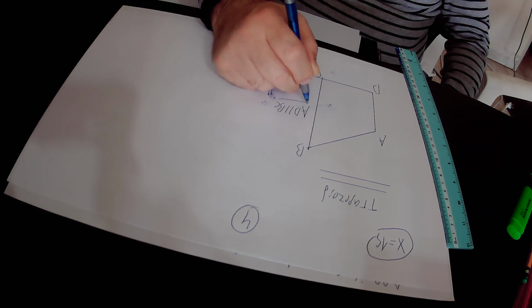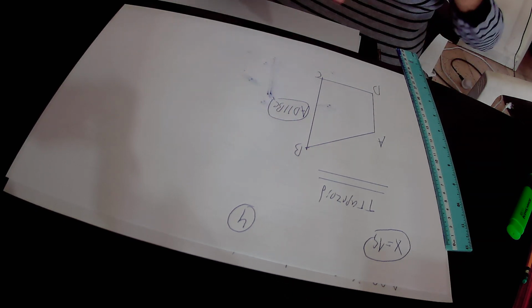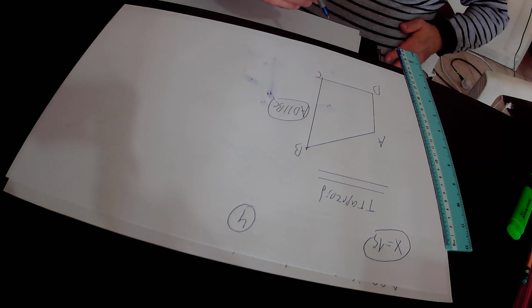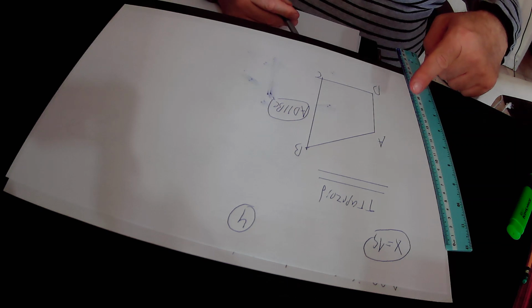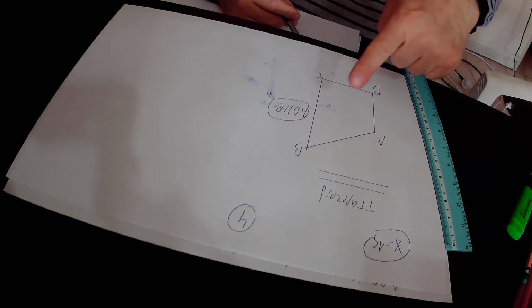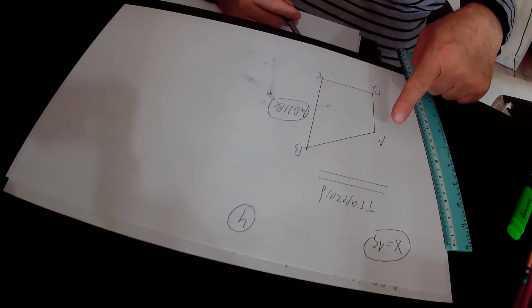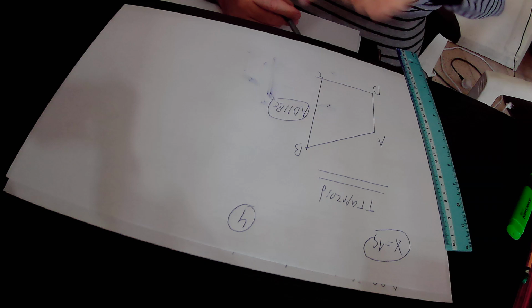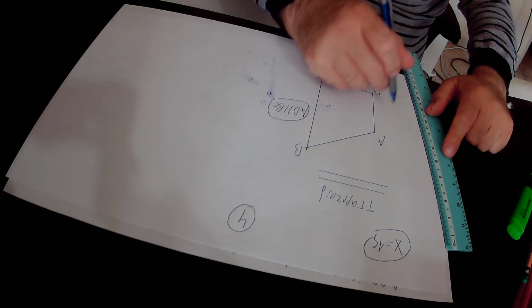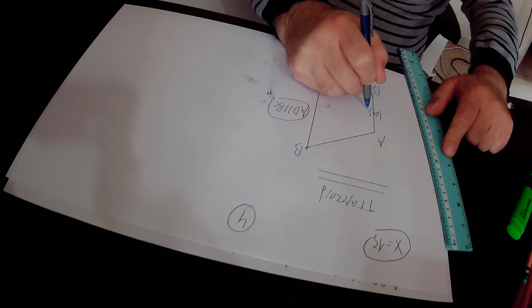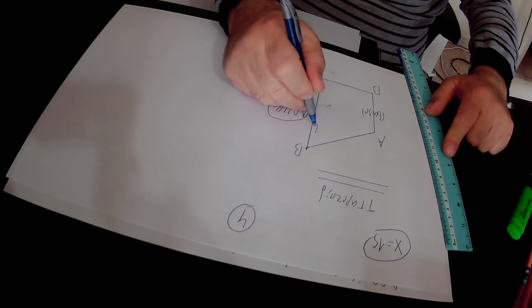Therefore, this quadrilateral ABCD has one pair of parallel sides, and therefore quadrilateral ABCD is a trapezoid. The two sides that are parallel to each other, AD and BC, are defined as the bases of the trapezoid. So AD is the base, and BC is the second base of trapezoid ABCD.